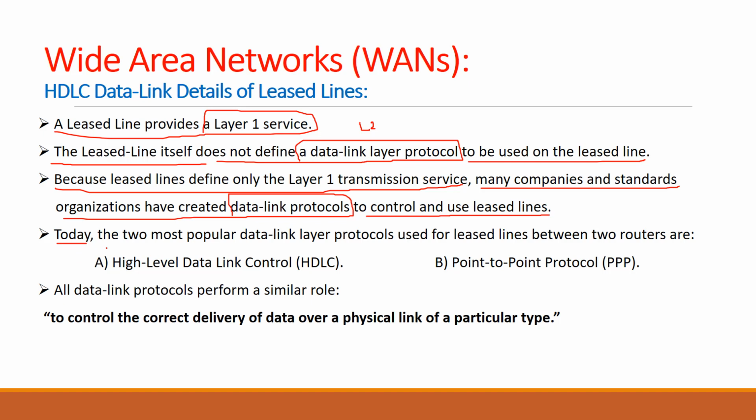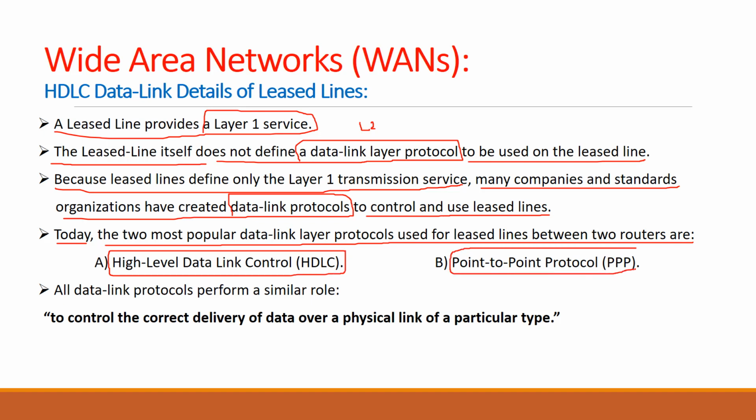Today, the two most popular data link layer protocols used for leased lines between two routers are HDLC, or High Level Data Link Control, and the point-to-point protocol. These two protocols are layer 2, or data link layer, protocols. All data link protocols perform a similar role: to control the correct delivery of data over a physical link of a particular type.